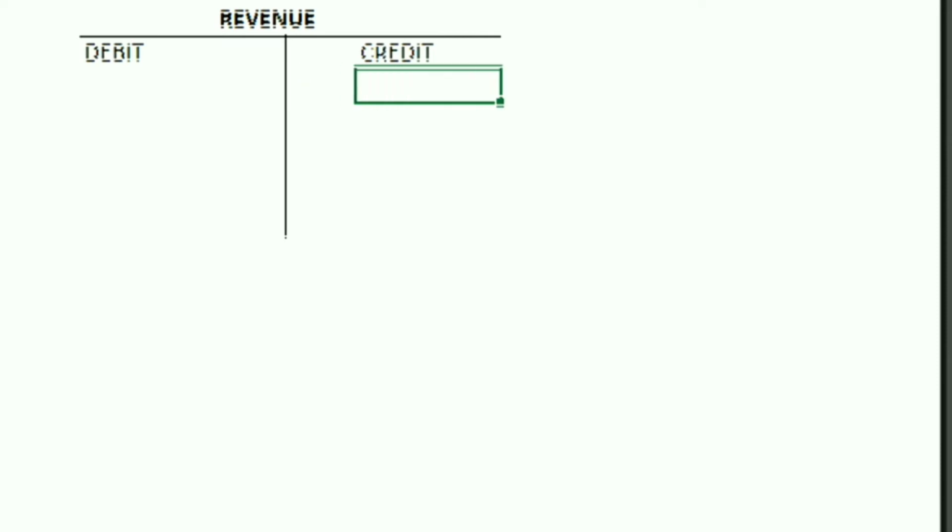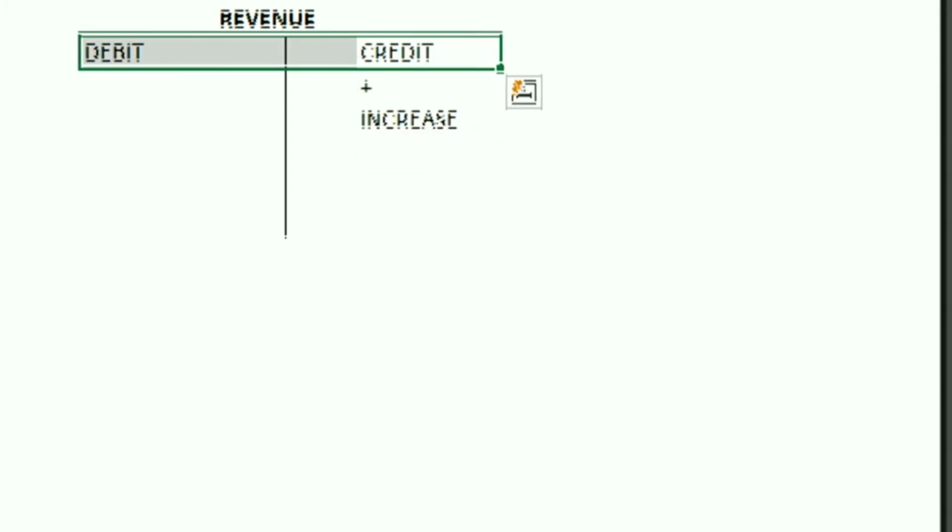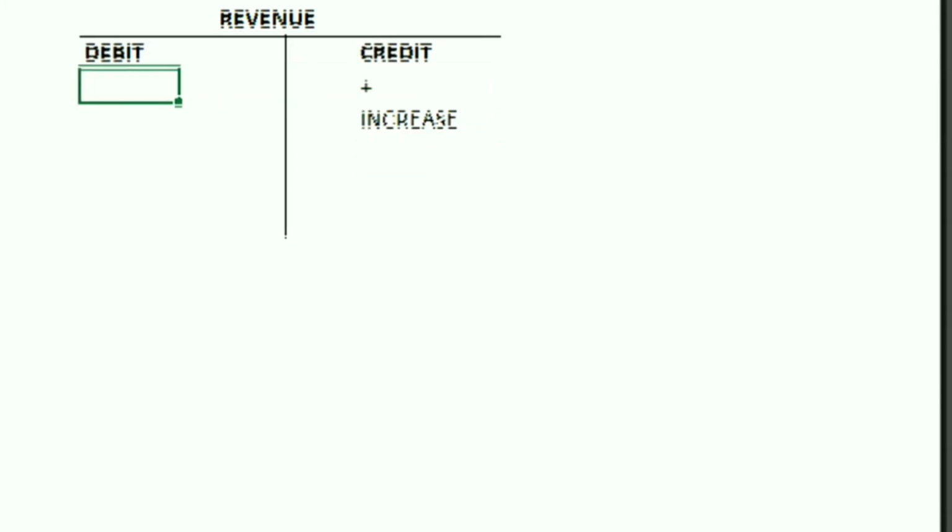So, increase dito. Yan. So, kung credit side siya, malamang ang debit side niya is minus or kabaliktaran niya is decrease. To illustrate, we have this situation.